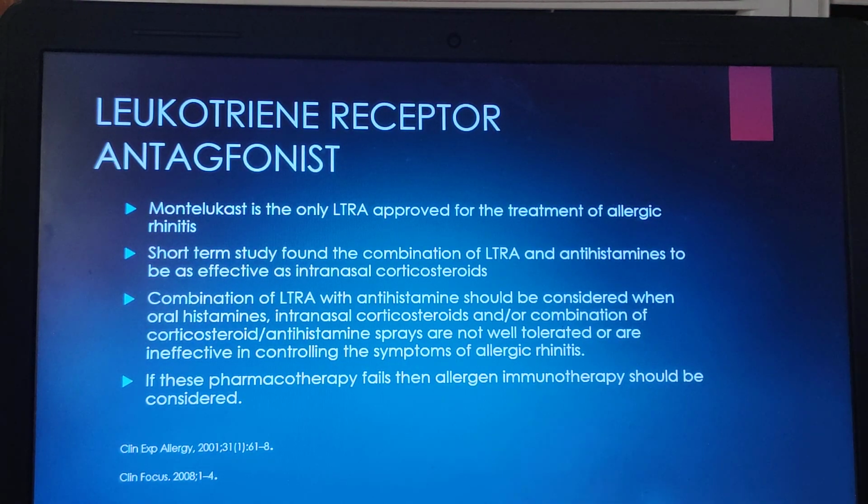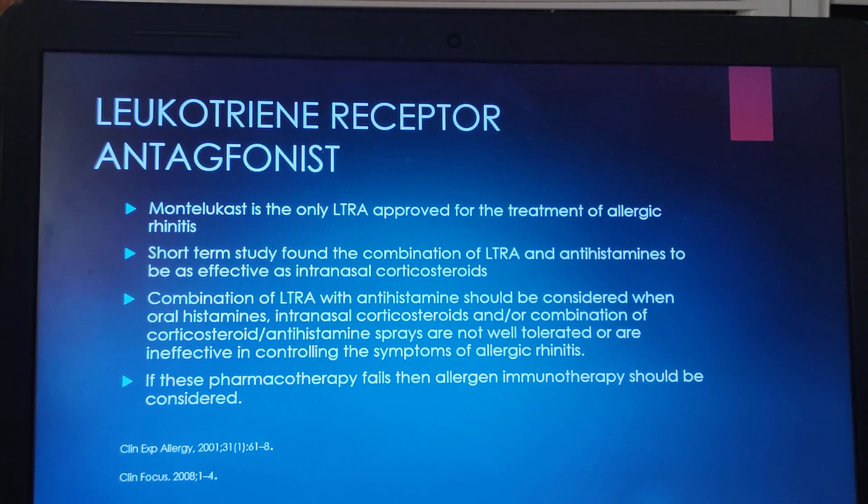Another class of drug which is recommended for allergic rhinitis is leukotriene receptor antagonists. Montelukast is among the many drugs available in this category. Montelukast is the most commonly used drug, and this is the only drug of this class which is approved for the treatment of allergic rhinitis.